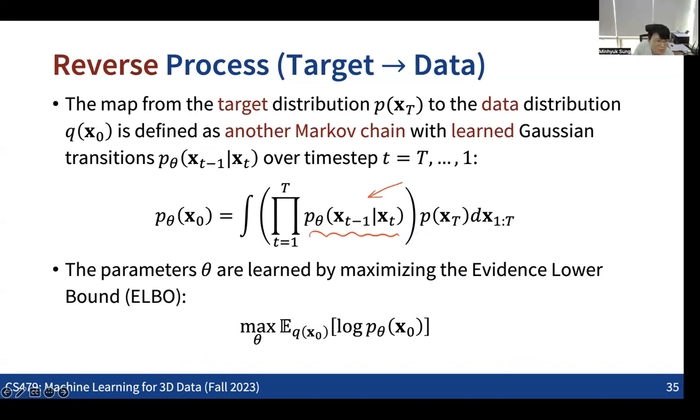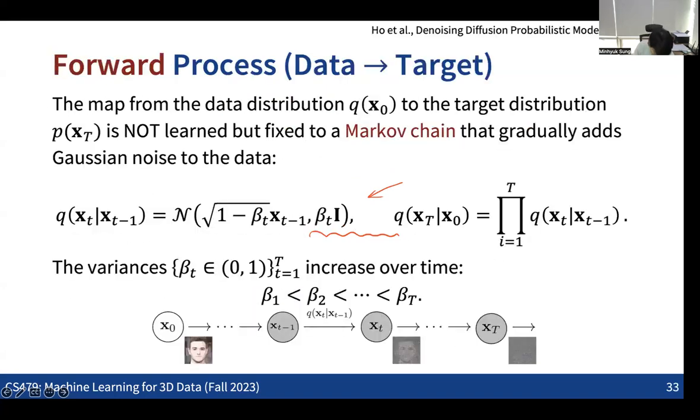Then there should be multiple questions, right? The first question might be: we are just applying multiple Gaussian transitions here, so why does this become the unique Gaussian at the end? When you apply this Gaussian transition multiple times, why does the output become a unique Gaussian distribution?